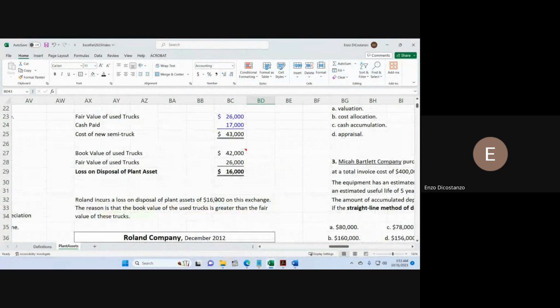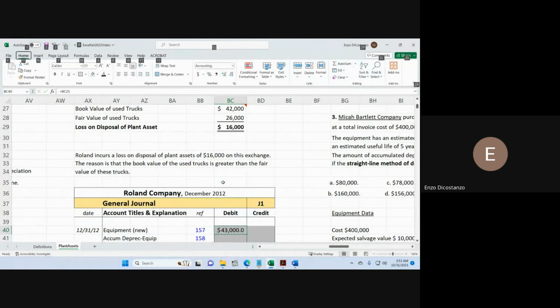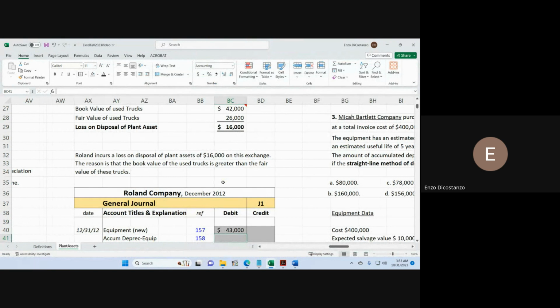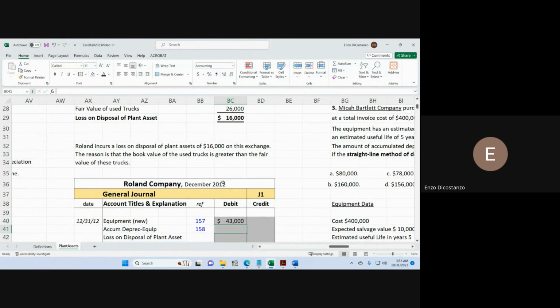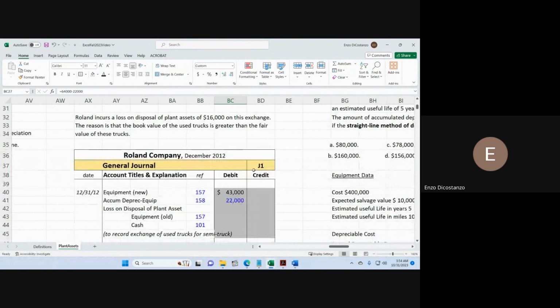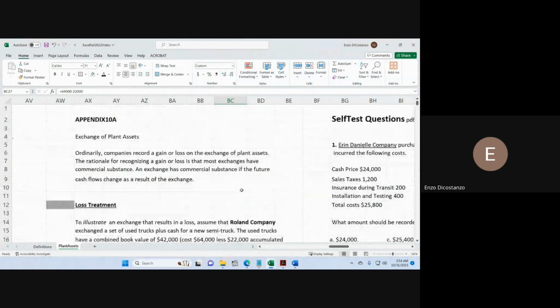So the new equipment is this 43 on your books. That's how you would show that. The accumulated, this is just an entry, on this, because this doesn't include it. And again, you have to look at who's buying what here.